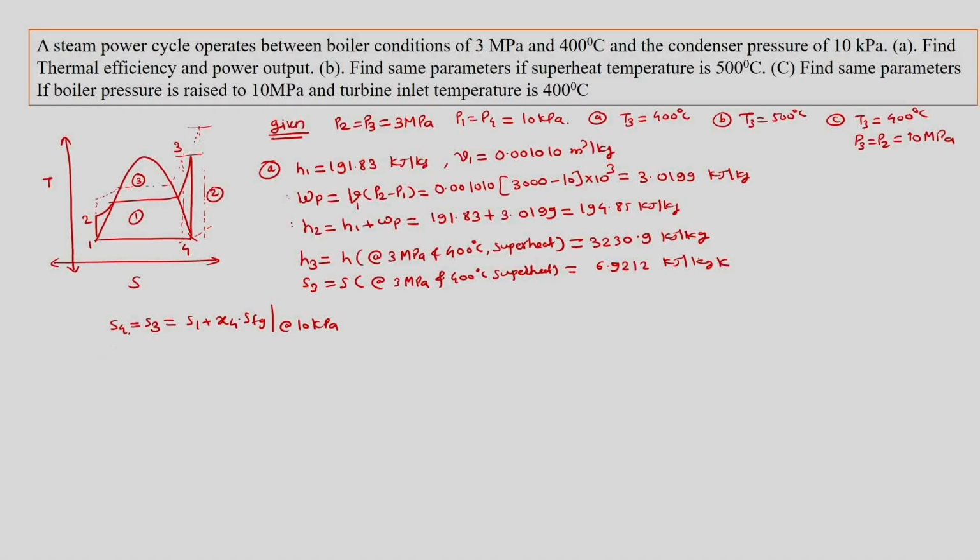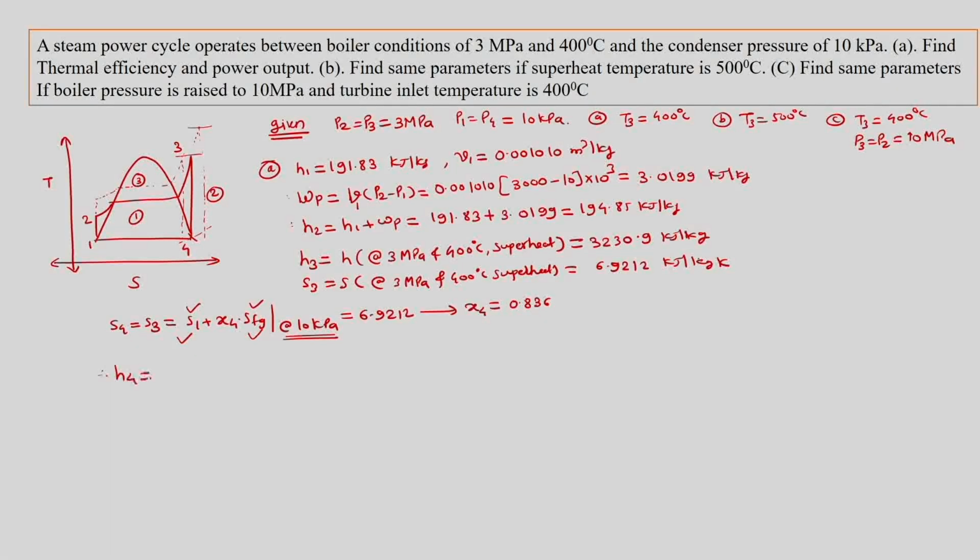We can find these two things at 10 kilopascal from the steam table, where this is the liquid saturation entropy and this is the latent entropy. Then we know it is equal to S3, which is 6.9212, and this gives us X4 as 0.836.